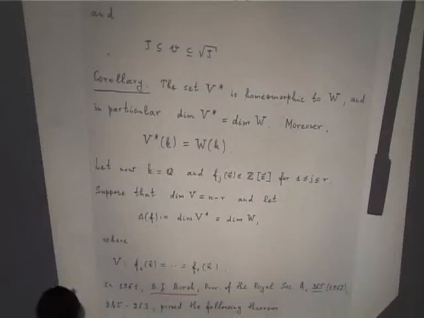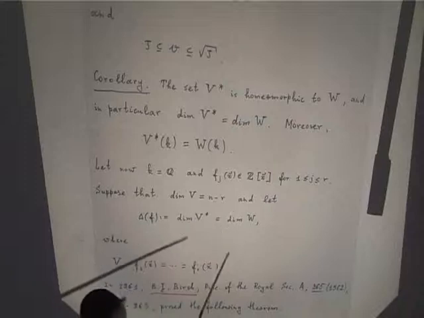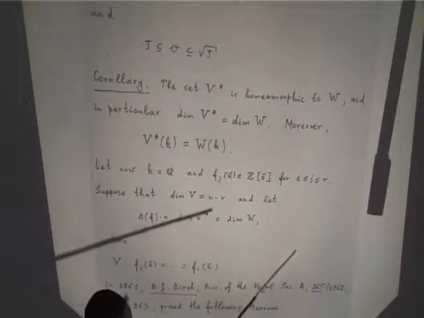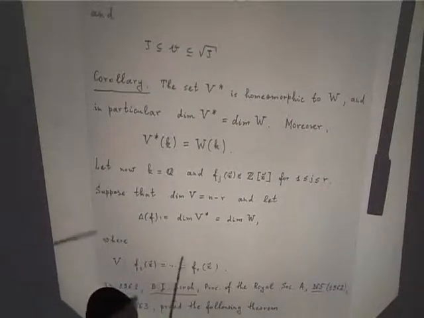I will assume from the outset that V is a complete intersection, and I will denote by delta F the common dimension of V star and W. In my previous lecture, that was just the dimension of W. And moreover, I will assume that all these forms are of the same degree.